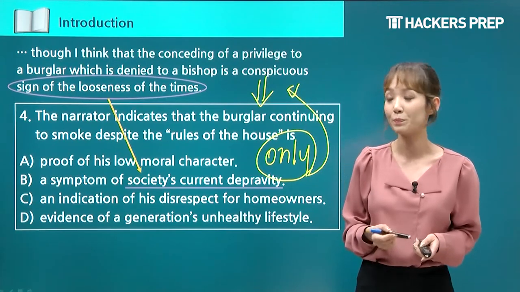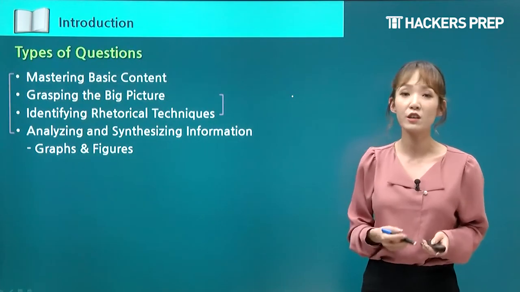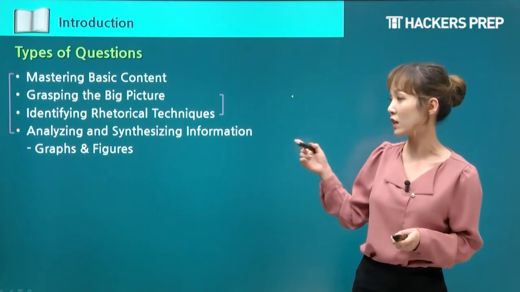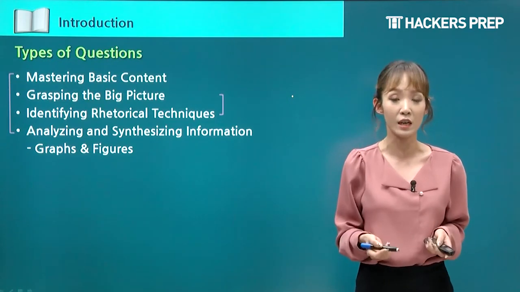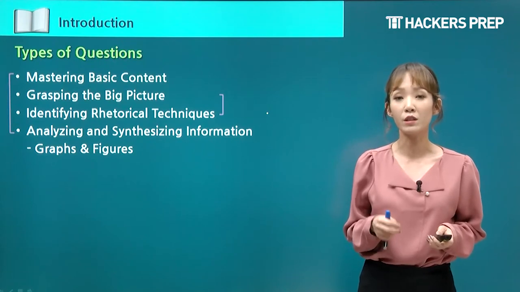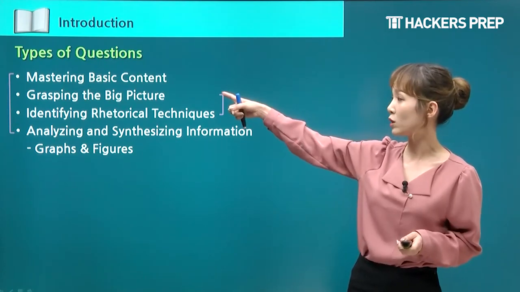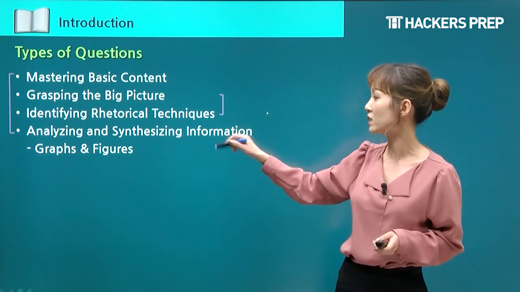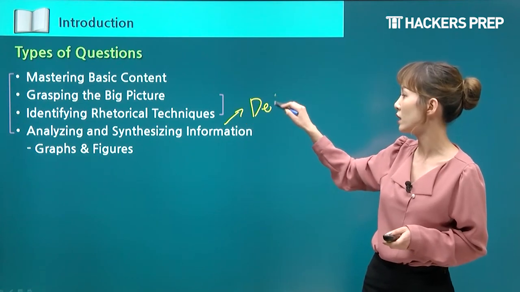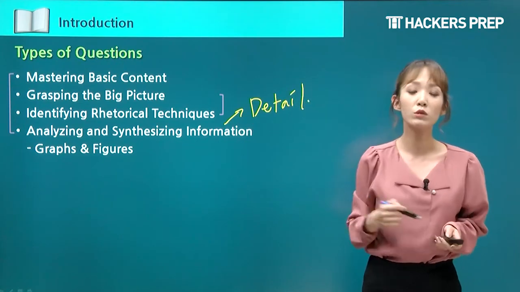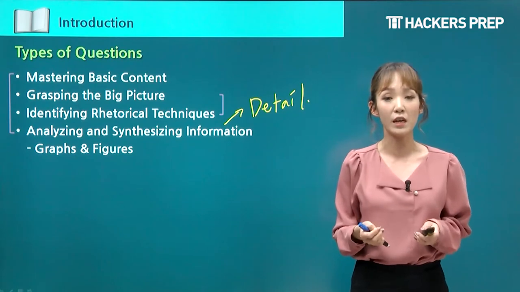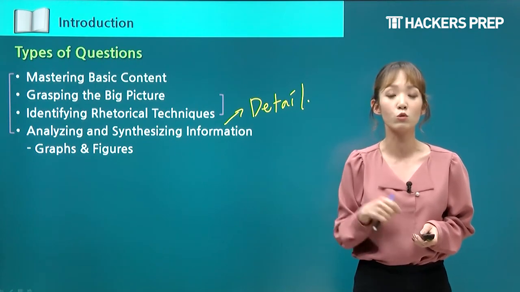Remember that, okay? Now, if you look at our textbook, it has 4 different classifications for the question types. For our class, we're going to make them into 2. Mastering basic content and analyzing and synthesizing information, we will call detailed questions. These will rely on specific details in the passage, just like we saw in the previous question.